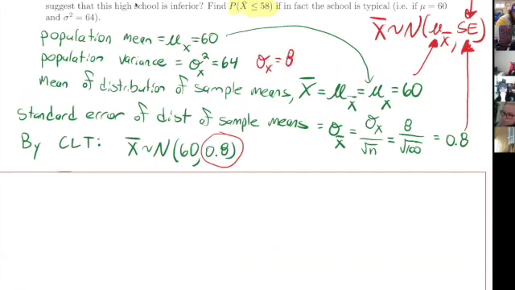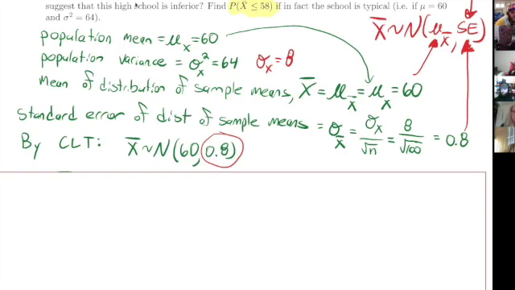Again, you should expect that the standard error gets smaller and smaller as the sample size gets larger and larger. And in practical terms, the standard error is really telling us how much variability we have in sample means due to sampling, just due to the fact that sometimes we pick different individuals in different samples.